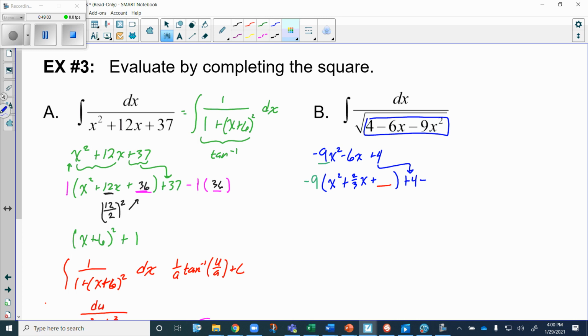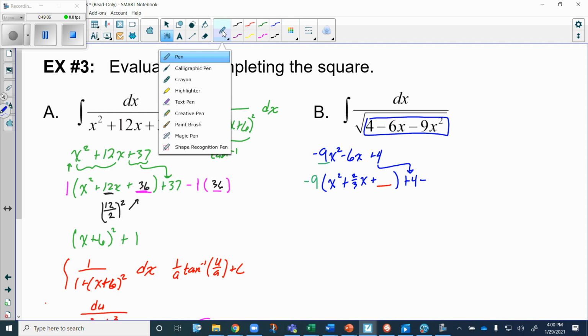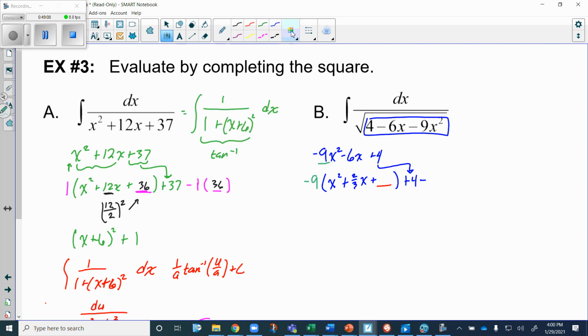But then I have to say minus the same number that we factored out, minus a negative 9, times whatever that new number is going to be. And to find that new number, you take the b number, in this case the 2/3, divide it by 2, and then square it. 2/3 divided by 2, squared, gives me 1/9.